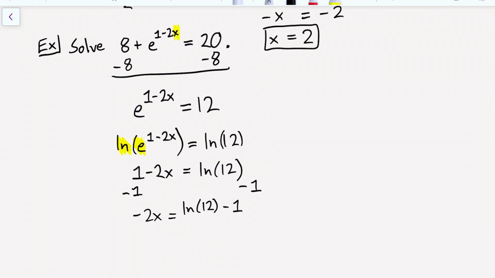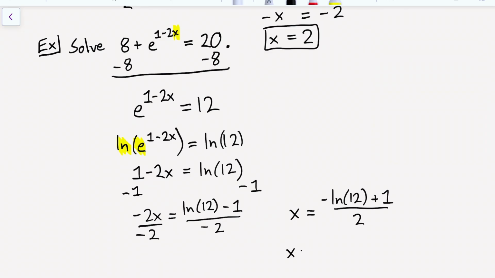These are different terms here. Natural log of 12 represents some number, and then I'm subtracting 1 from that number. Let's solve for x by dividing by negative 2. I might write my solution in this way. I'm going to say it's the negative natural log of 12 plus 1, over 2. Or you could say it is 1 minus natural log of 12, over 2.